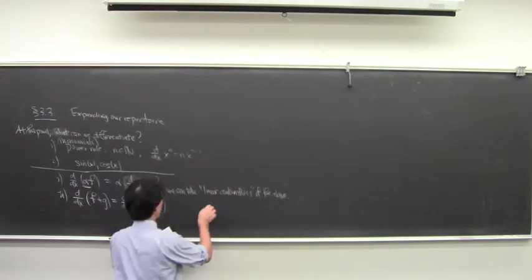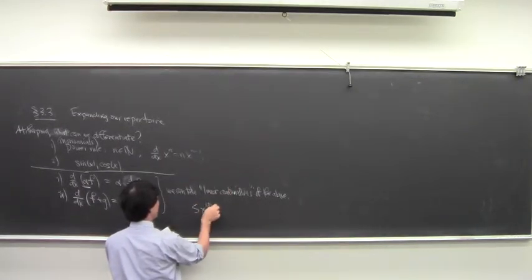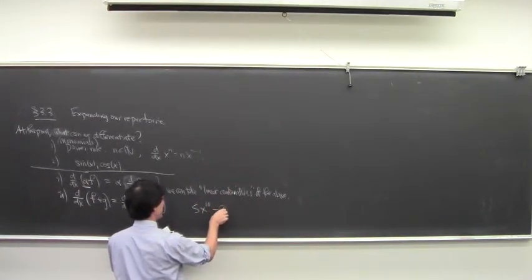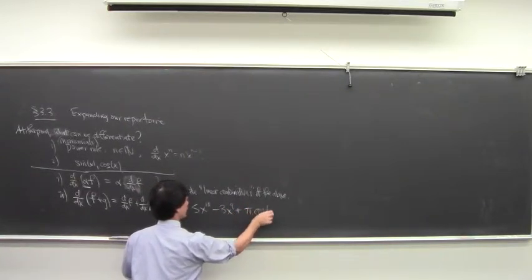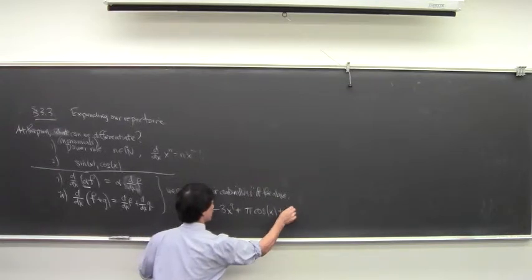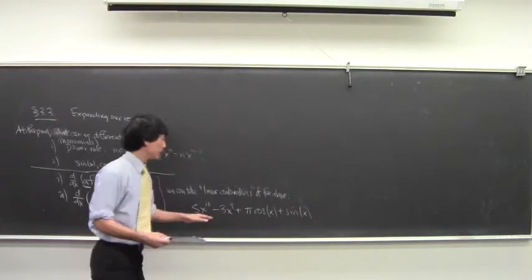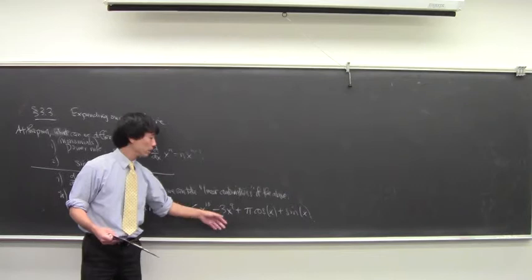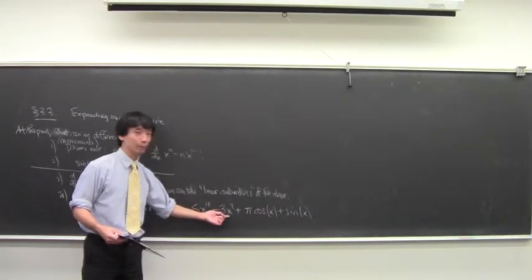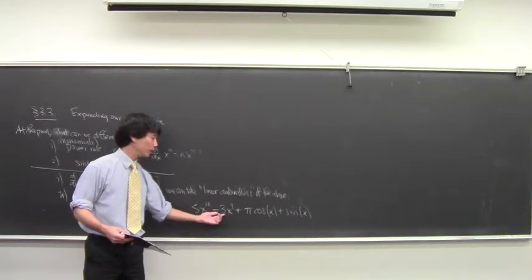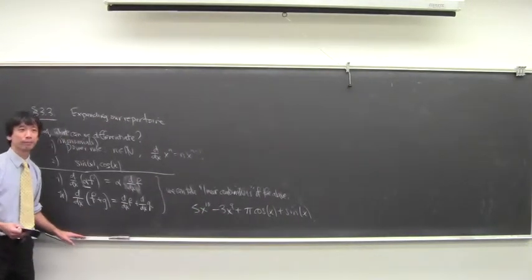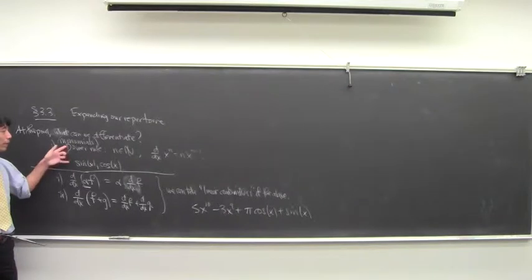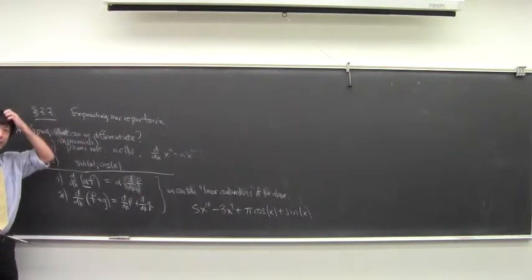So, for example, you could have 5x to the 10th, minus 3x to the 9, plus pi cosine x plus sine x. You can take these sorts of combinations that you get by multiplying by constants and adding them together, and we can differentiate anything like that. Any such combination of the monomials and the basic trig functions.